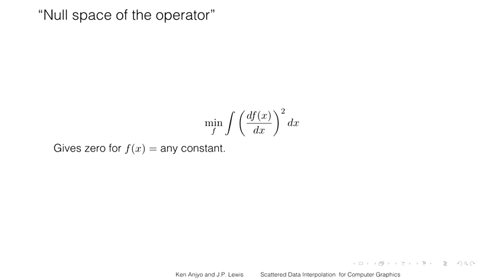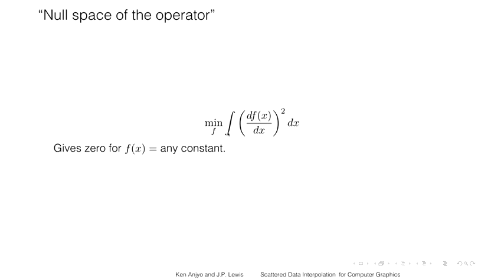The null space is the set of things that when you apply an operator to it gives the result 0. So the null space of the derivative operator is the constant function. Meaning if you take some function and take its derivative, now you take that function, add something to it, and take its derivative, the two derivatives are the same, even though you've added a constant.